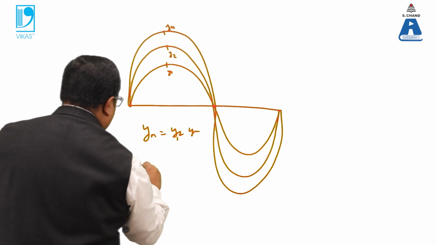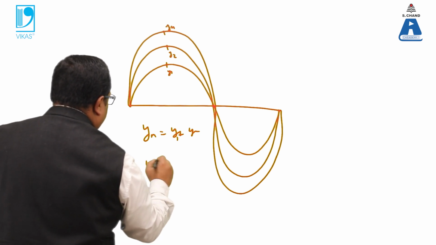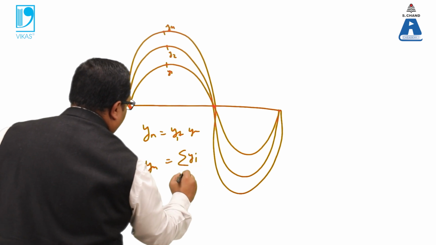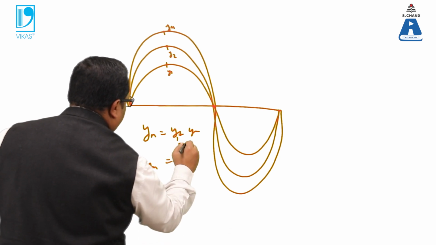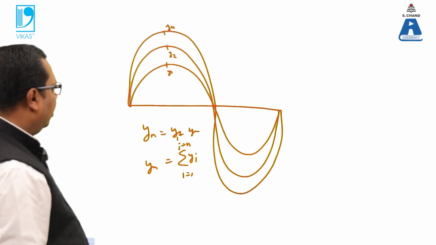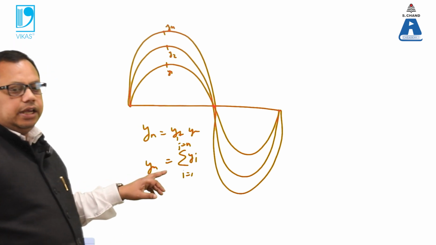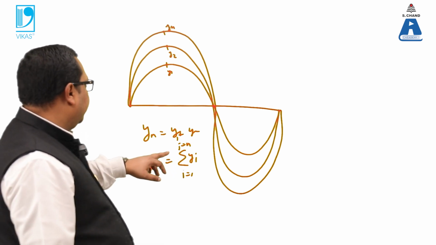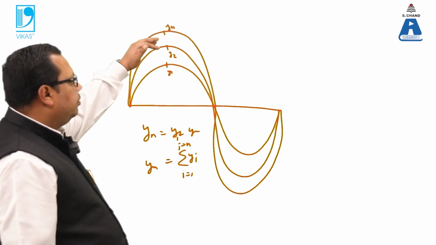So we can say the total y is the summation of yi from i is equal to 1 to i is equal to n. So the variation is calculated from i equal to 1 to i equal to n when different waves are propagating.